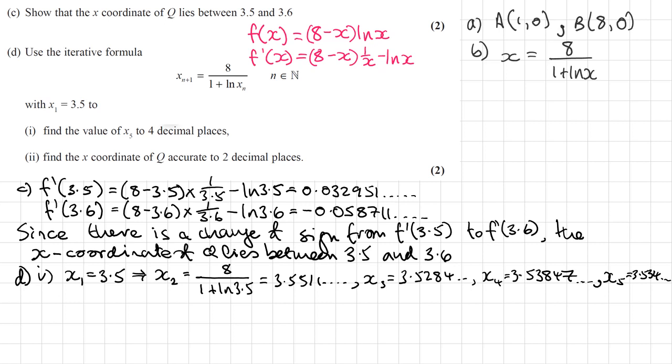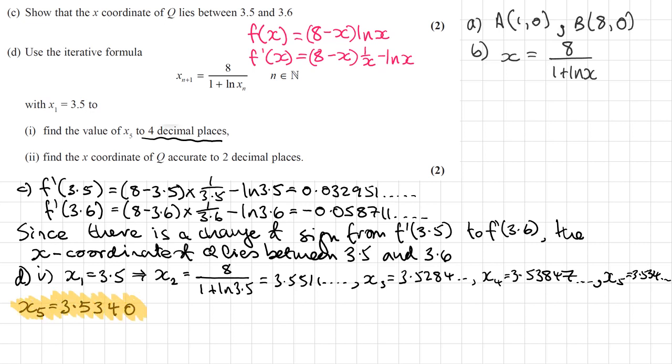I want to give that to 4 decimal places, so x5 is going to be 3.53, and then it goes 404, so it would just be 40. Okay, and we're now ready to move on to the last bit. Let's just highlight that answer, and that's the second part of part D.